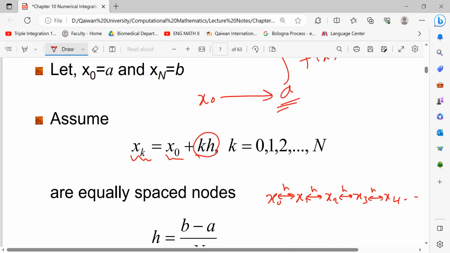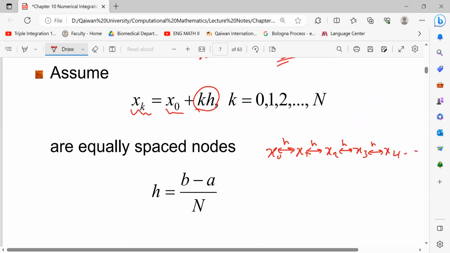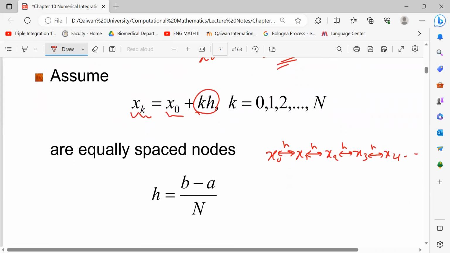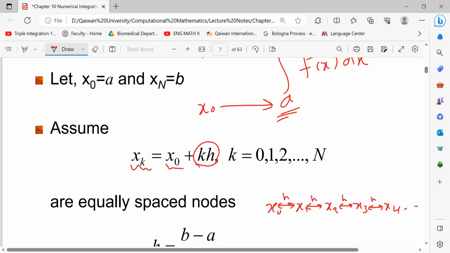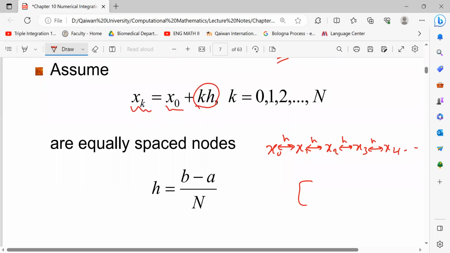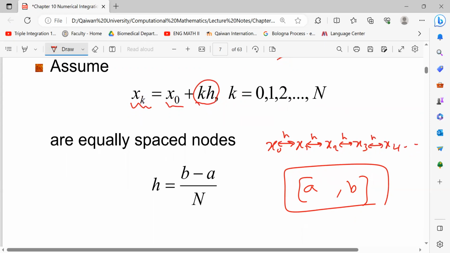Okay, if we want to make the interval AB into n equally spaced intervals, what we do?